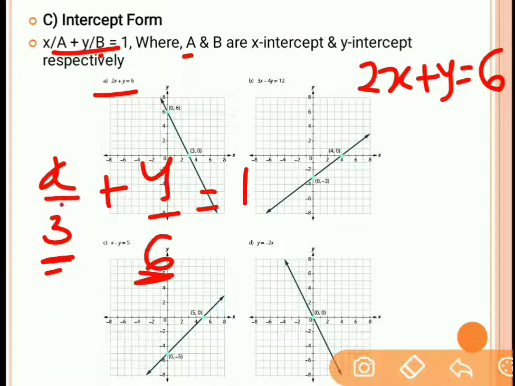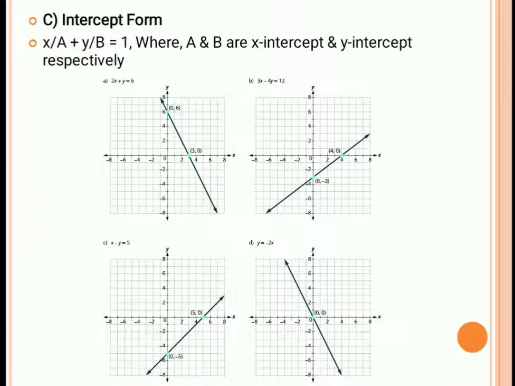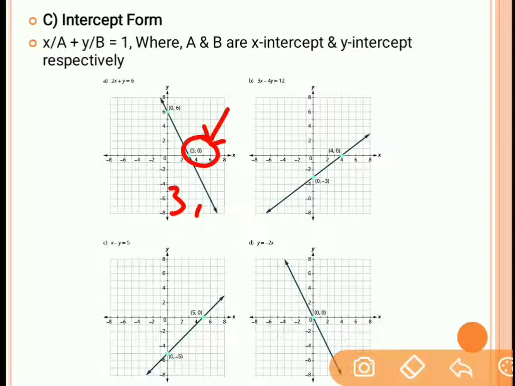If the x-intercept is equal to 3, it means the given line will intersect the x-axis at the point (3, 0). Understood? So this point is (3, 0), where 3 is the x-intercept. Intercept means when the line cuts the x-axis, at which point it cuts the x-axis.